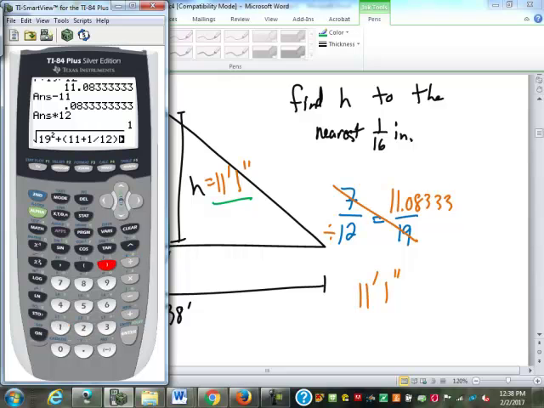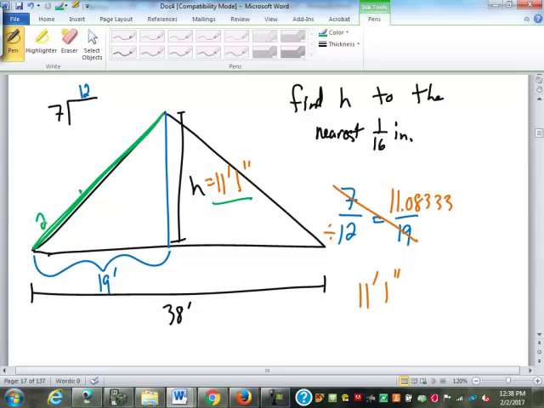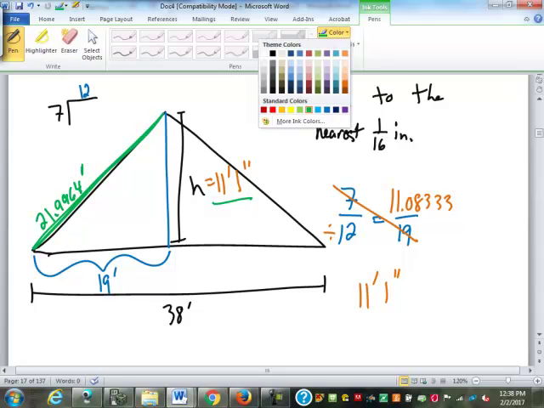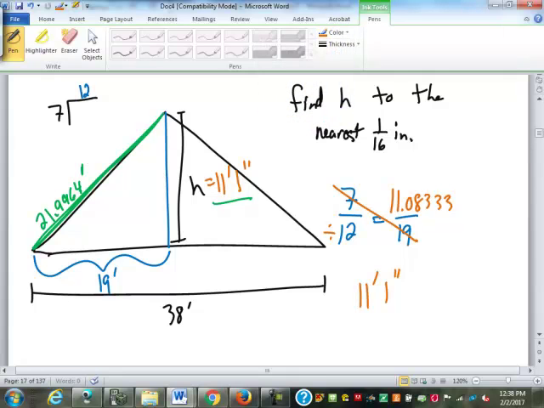Put it in parentheses, and I square that. Equals 21.996369, and so on. 21.9964 feet.